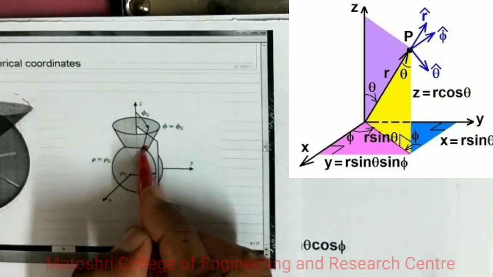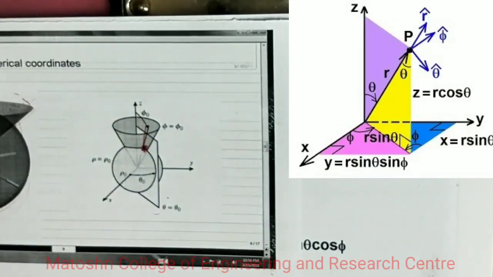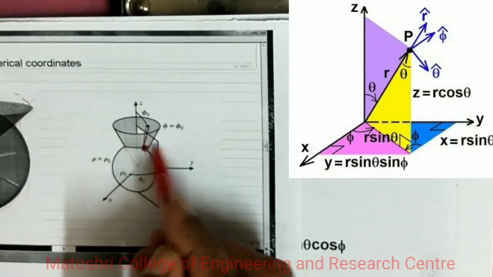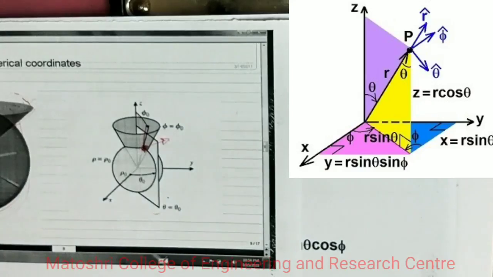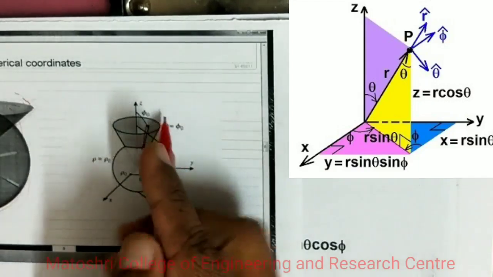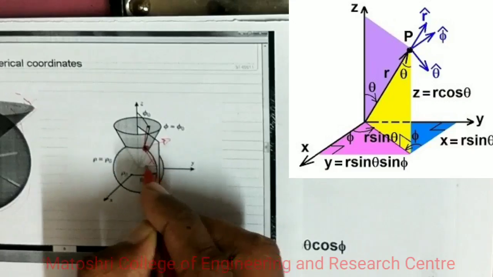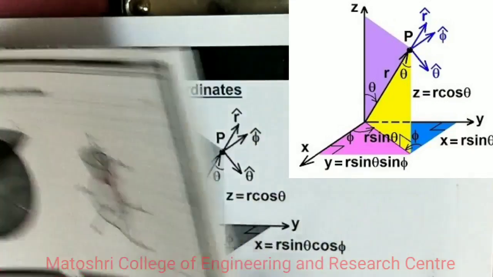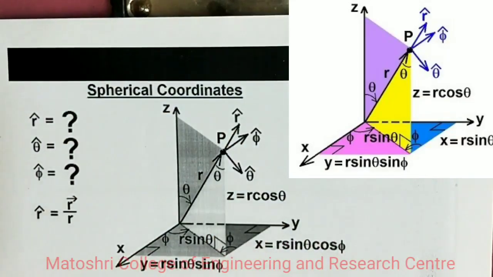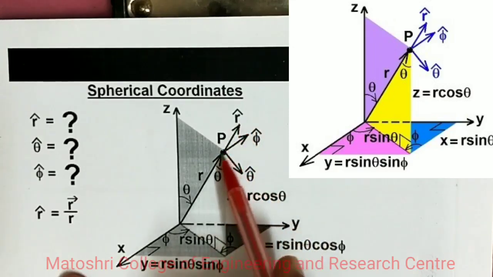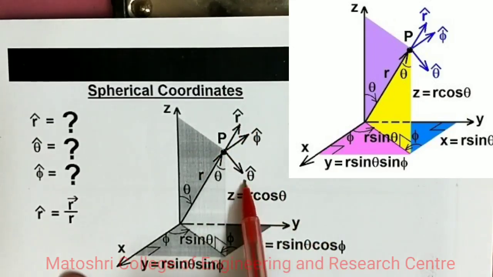The unit vector along the radius is perpendicular to the surface of the sphere. The unit vector along phi is perpendicular to the phi equal to constant plane, and the unit vector of theta is perpendicular to the conical surface, but this perpendicular is in an outward direction, because in the outward direction the angle of the cone increases.